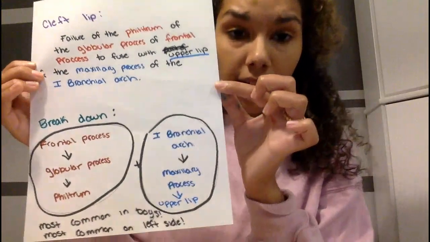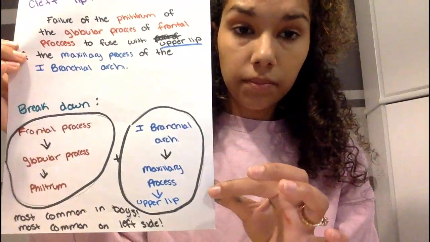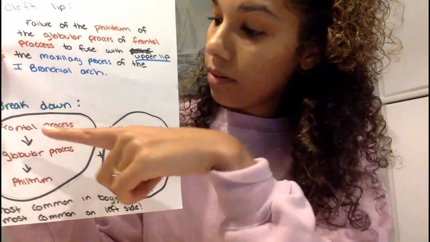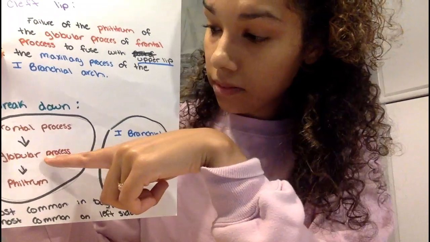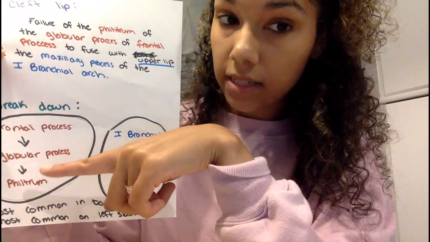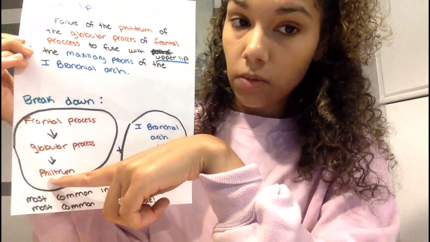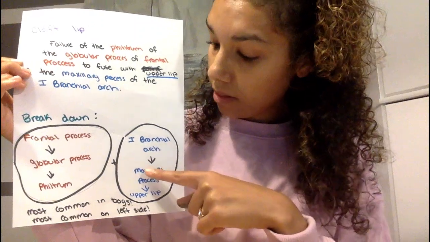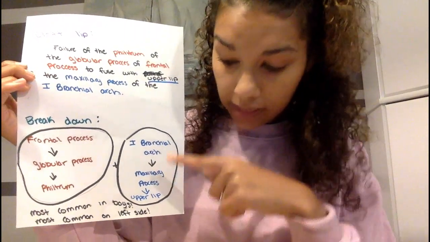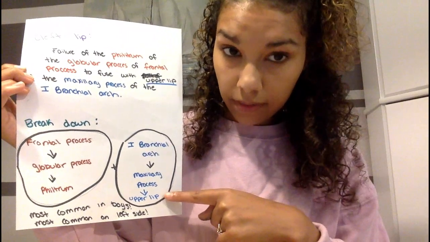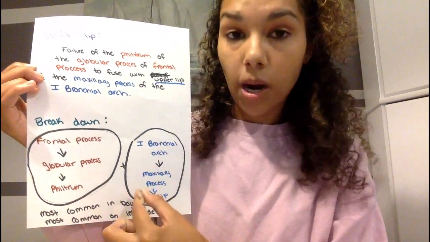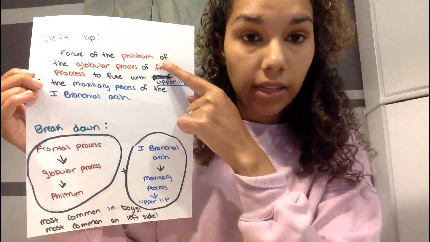So to break that down, you have the frontal process, which includes the globular process, which includes the philtrum. So that's all part of the frontal process, which should be meeting with the first branchial arch, which includes the maxillary process, which includes the upper lip. So if they don't properly fuse together, you get a cleft lip.